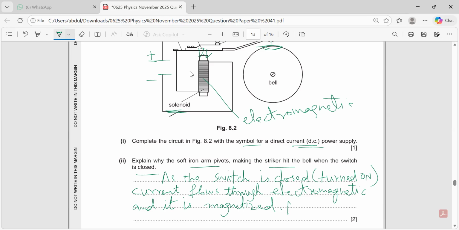So this electromagnet attracts what? Soft iron, because iron is a soft magnetic material. Quickly it will become magnetized.